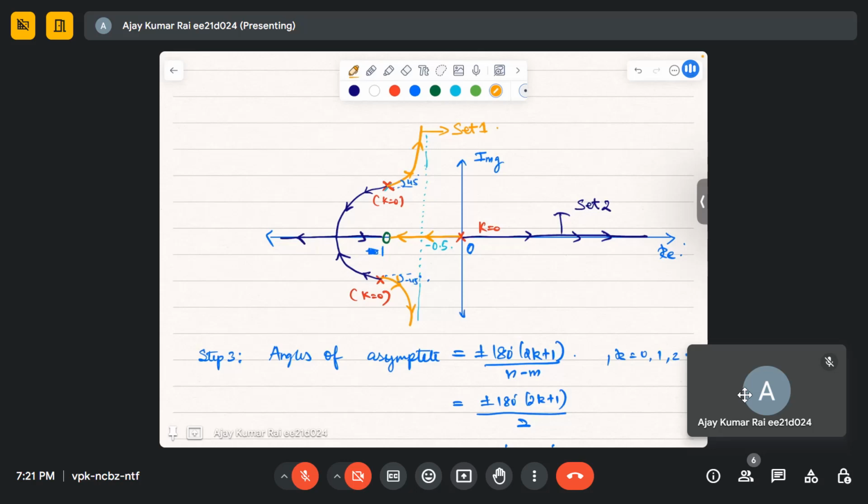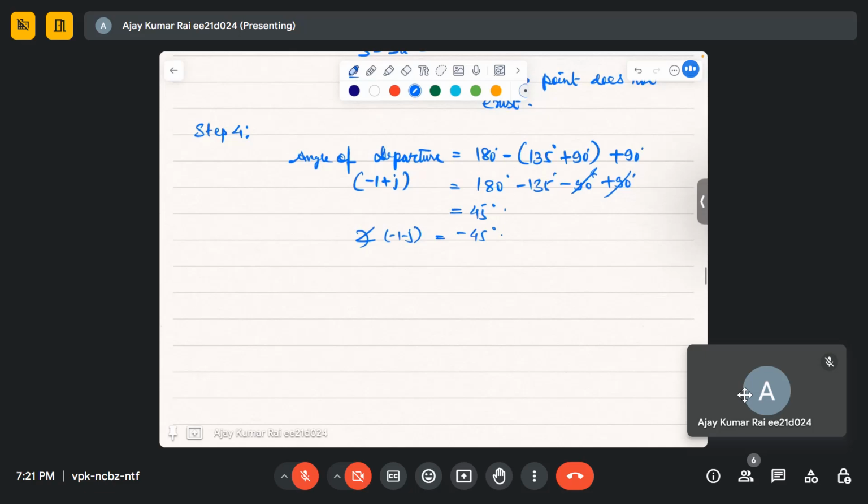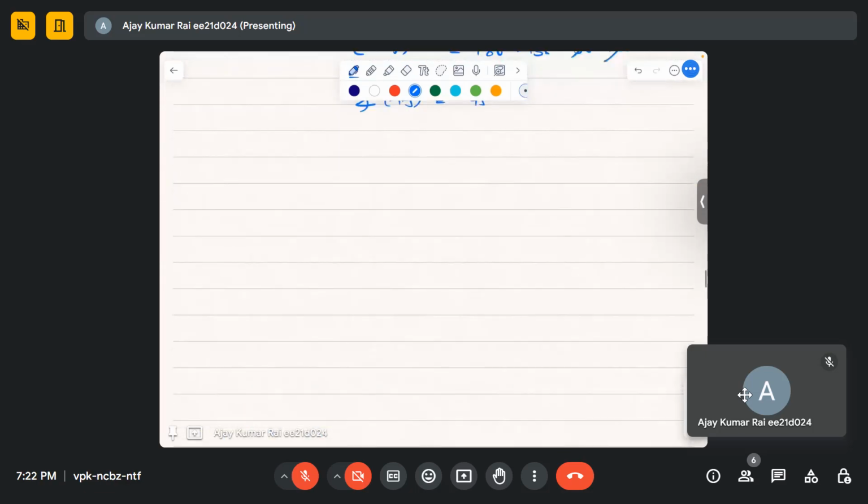Okay, let us also do one more check, with the Routh array. How to check it? We have to check this equation, 1 plus G(s)H(s) equal to 0.